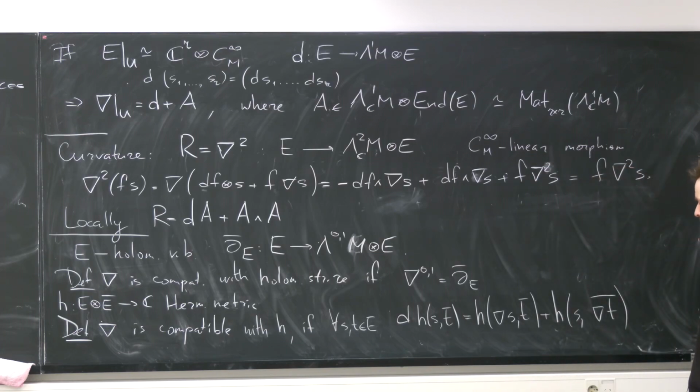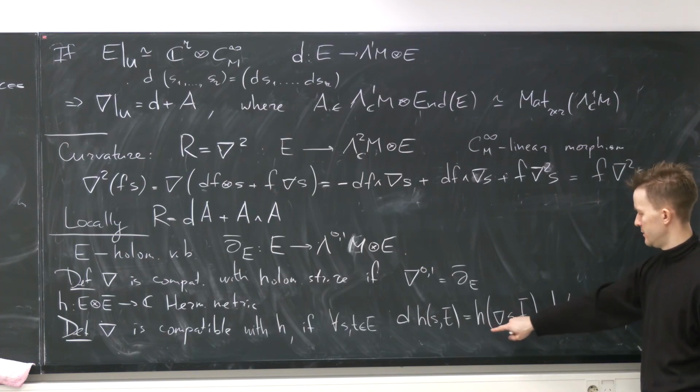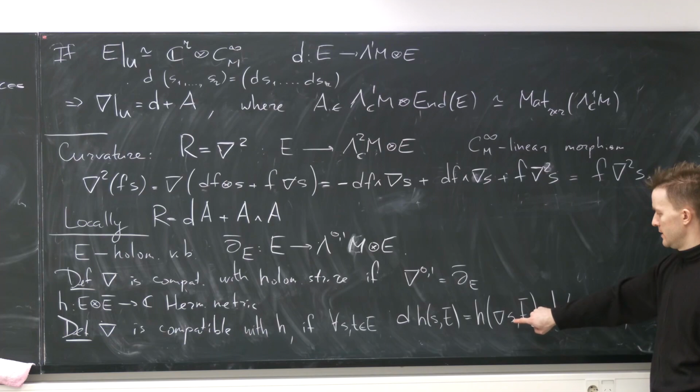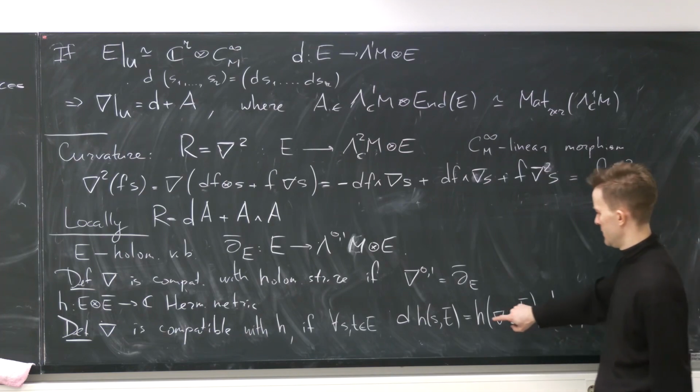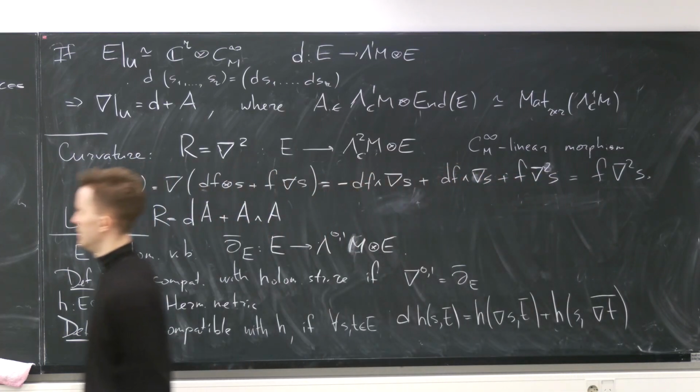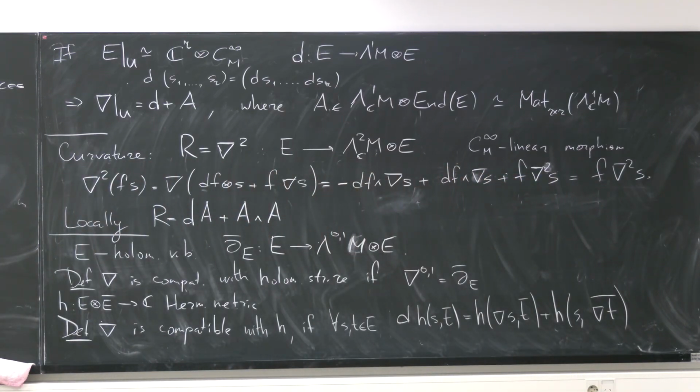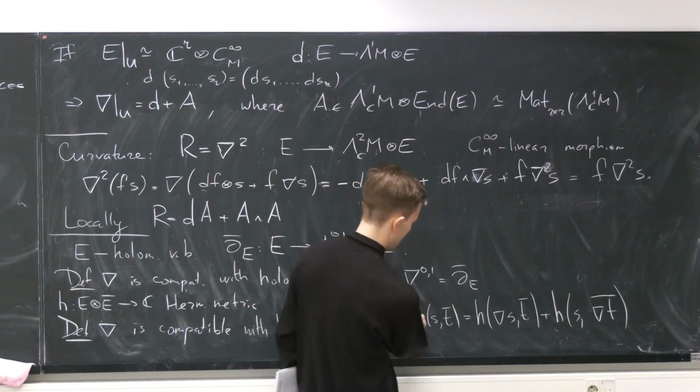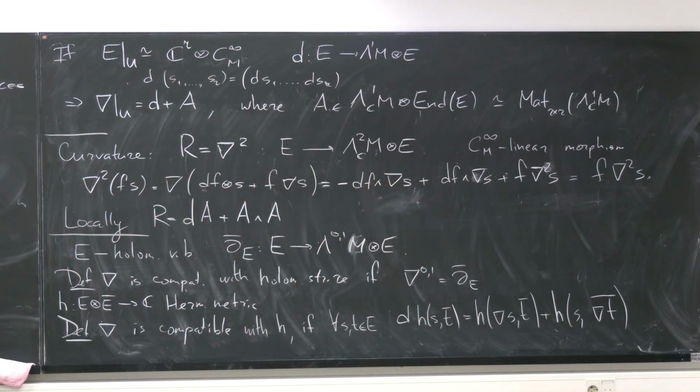Here, nabla S is a one form with values in E, so I apply H only to the second part. So what I get is a one form as a result, and on the left hand side I also have a one form. So that's the condition.